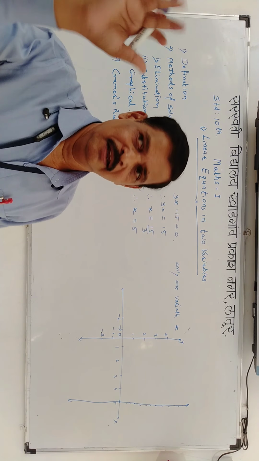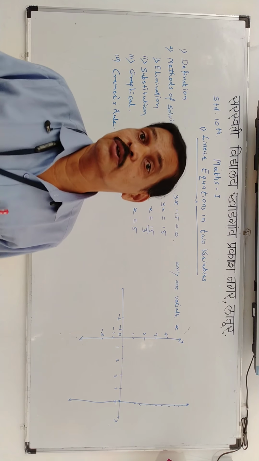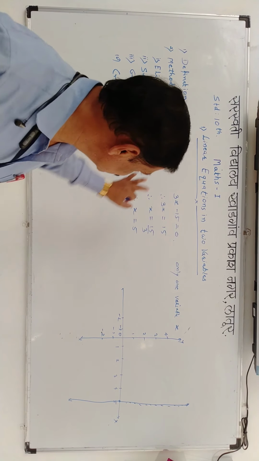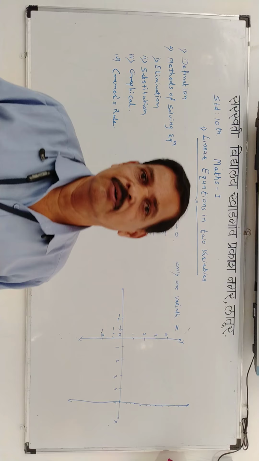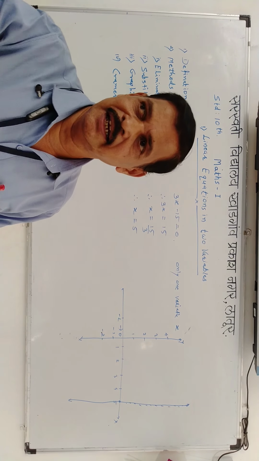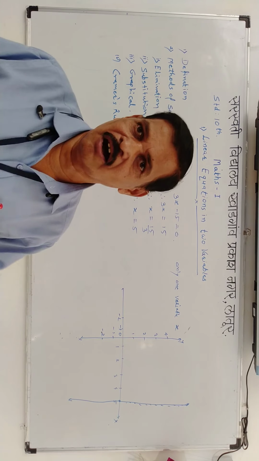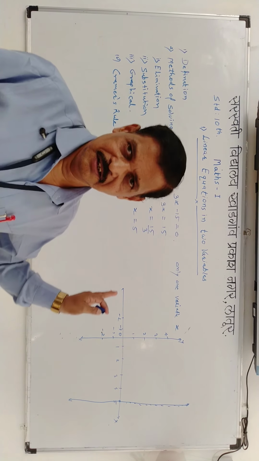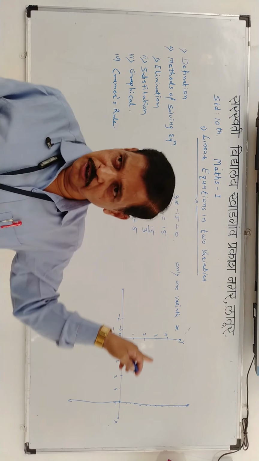Whenever y changes, x is still equal to 5. So the solution of this line means that when we solve this equation we get x is equal to 5, and y is equal to whatever it may be. All real numbers are included in this y, so this is also a linear equation.